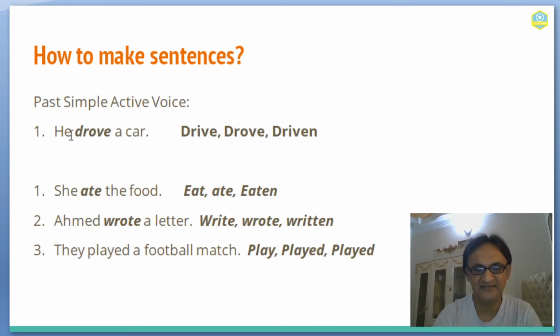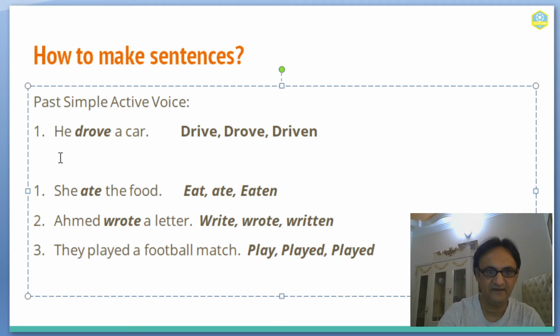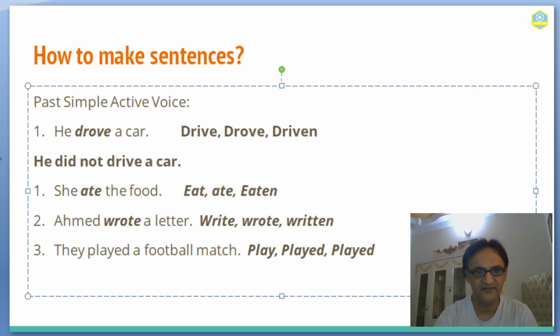So we'll use did not, and this form will be changed to the first form, right? He did not drive a car. You can see here it's a negative now.